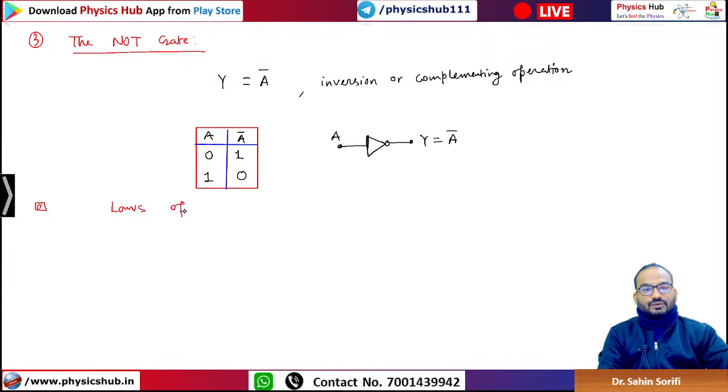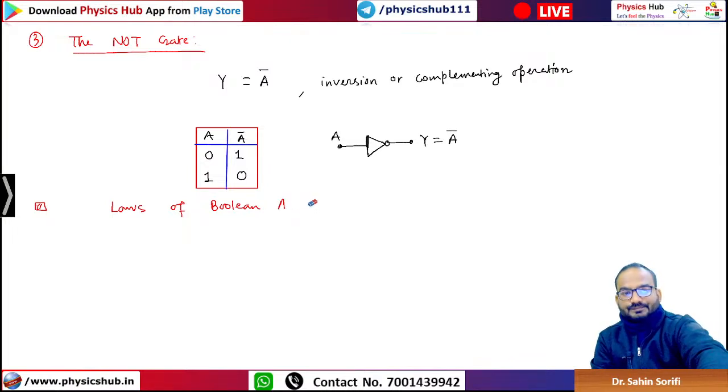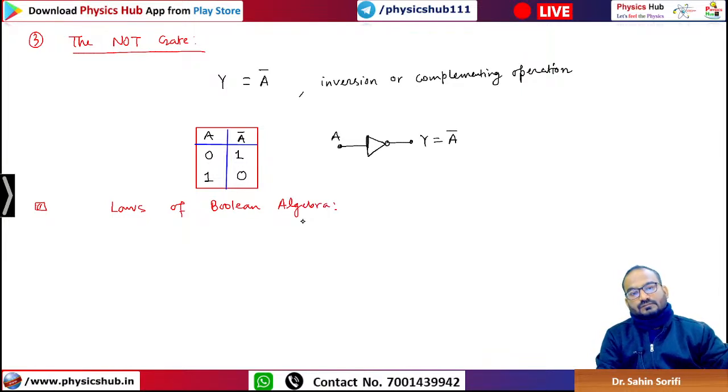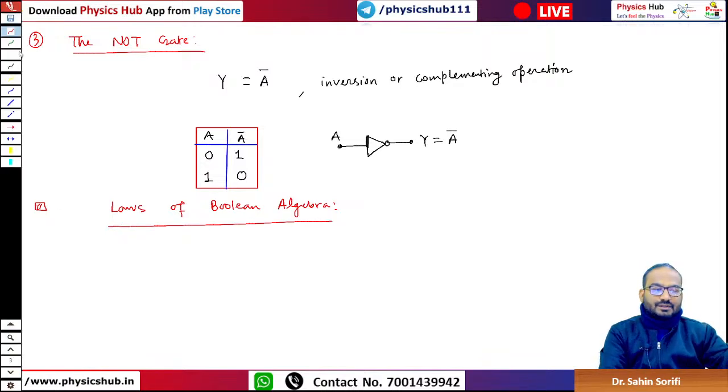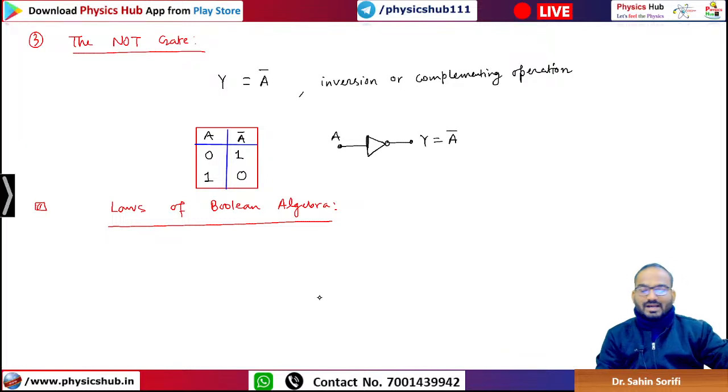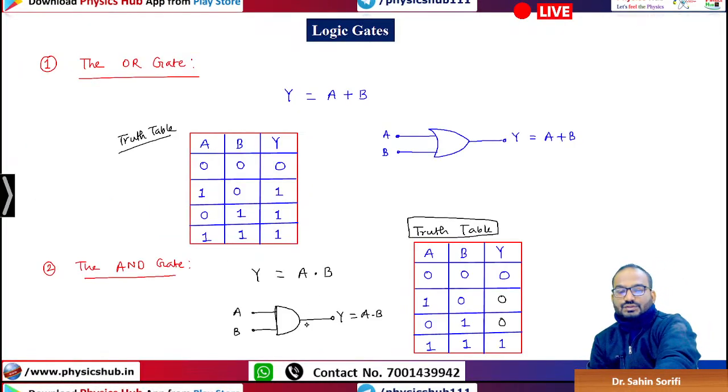Let's talk about a few of the laws of Boolean algebra. A few formulae you need to remember, like how the basic OR, AND and NOT gates produce outputs.